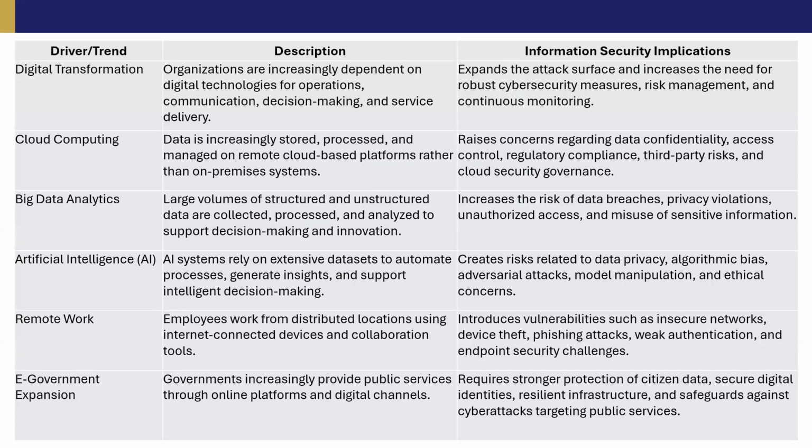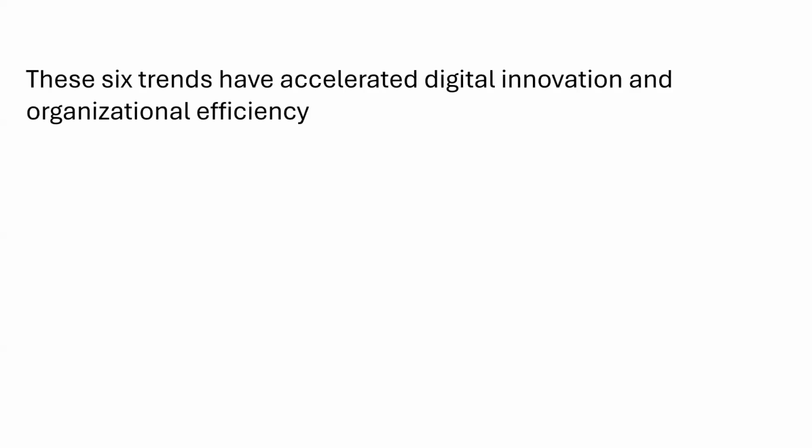We need to be able to secure our digital identities, and have resilient platforms and infrastructure that can safeguard against cyber attacks that target public services. These are factors that influence information security, and we need to be abreast with them.